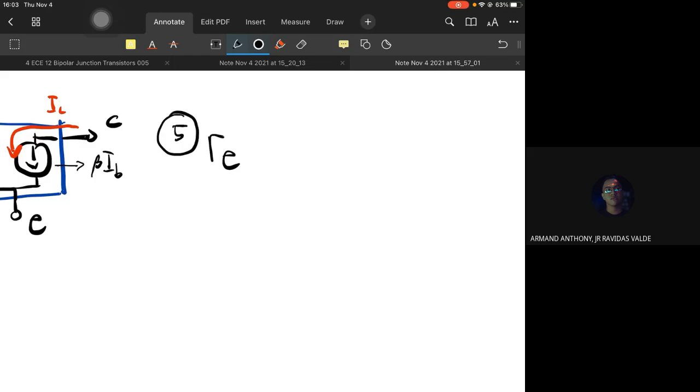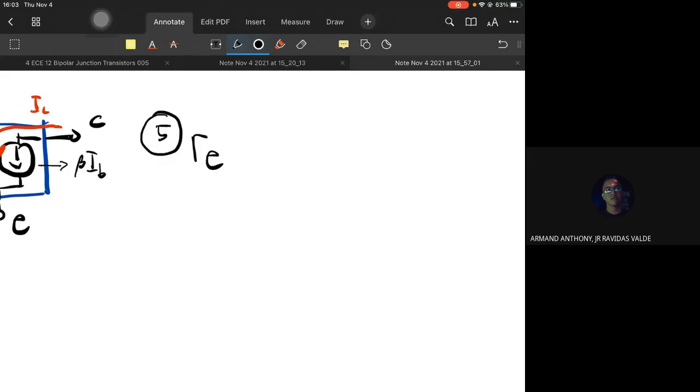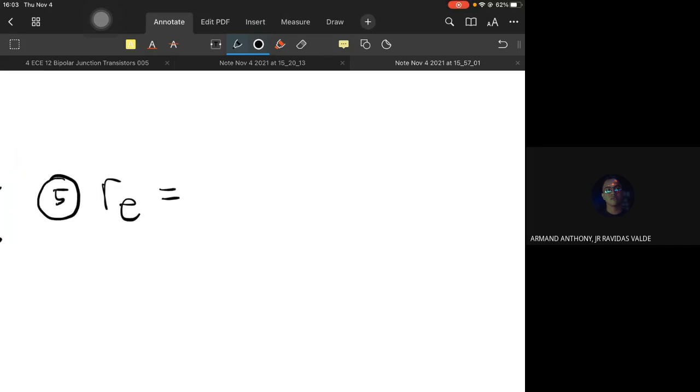These are the formulas that must be memorized for AC and DC analysis. For DC analysis, the first 4. For AC, aside from the formulas for ZI, ZO, and AV, which you no longer need to memorize, you only need RE: small letter r, subscript small letter e. The reason behind those numbers is in the book, so I won't explain it.